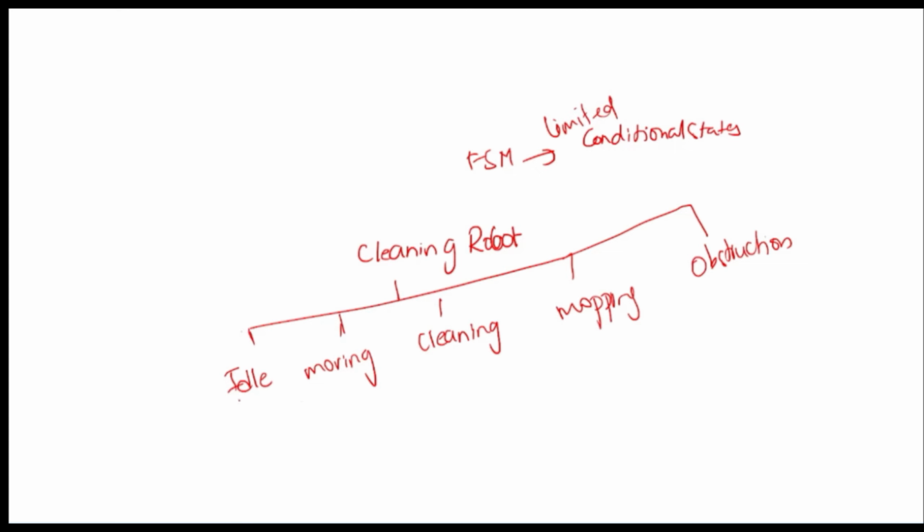That means when your robot, for example, is in the idle state, it should change from the idle state to a moving state, and from the moving state it should move to a mopping state. In order to change from one state to another, it needs certain conditions. It won't move until and unless we give some order or condition for it, right? So these conditions are nothing but FSM.